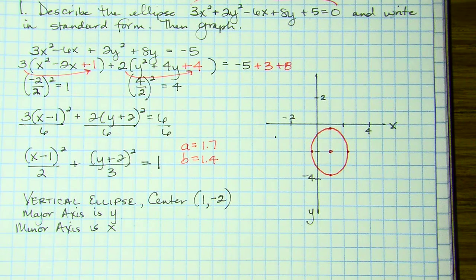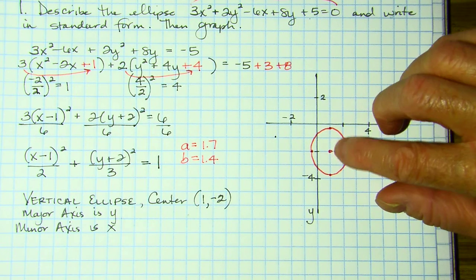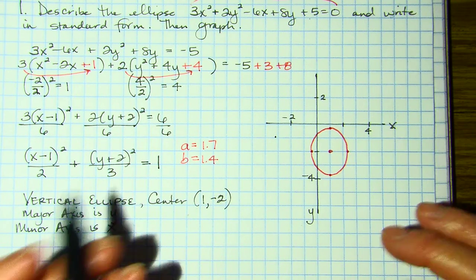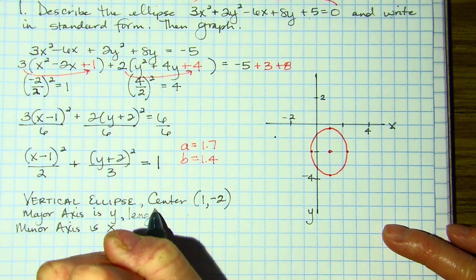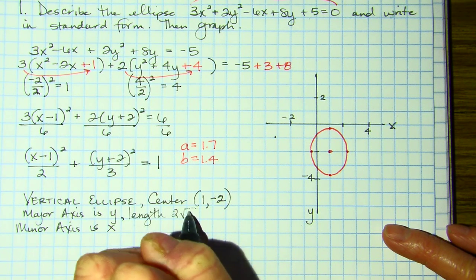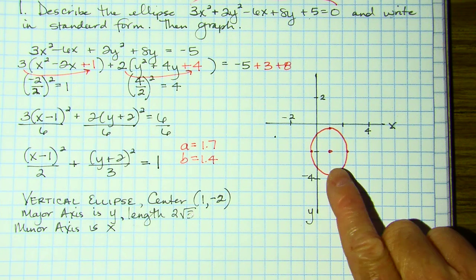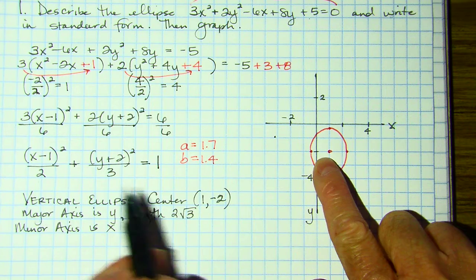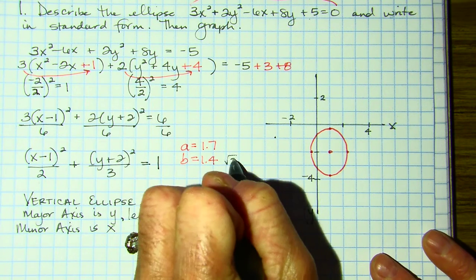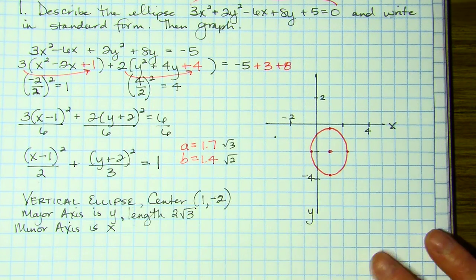So let's talk about, I went up the square root of 3 and I went down the square root of 3. So my length of my major axis is 2 square root of 3. For my minor axis on x, I went to the left the square root of 2. So this was the square root of 2. This was the square root of 3. So I have 2 of them.